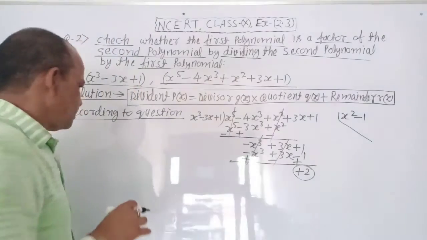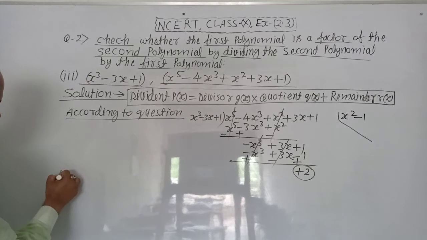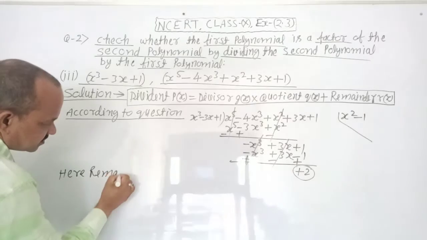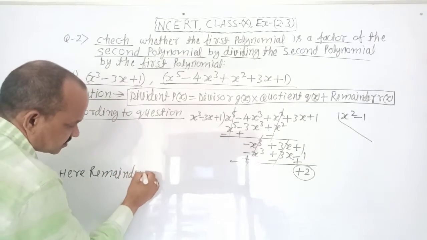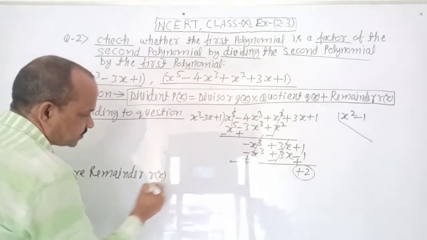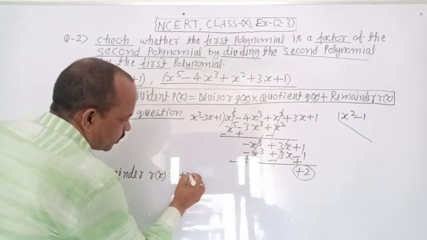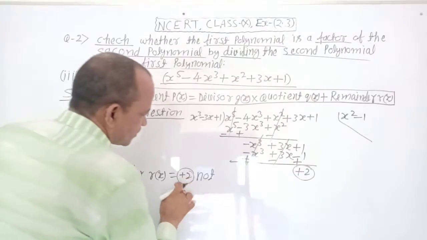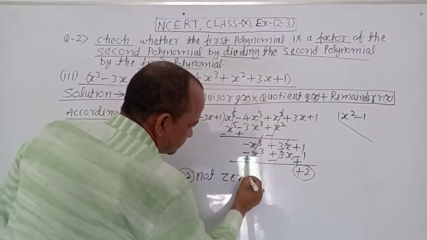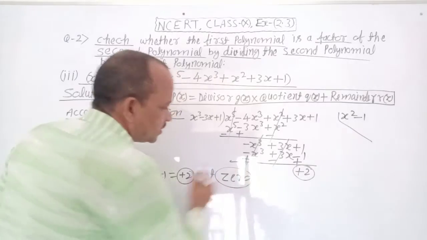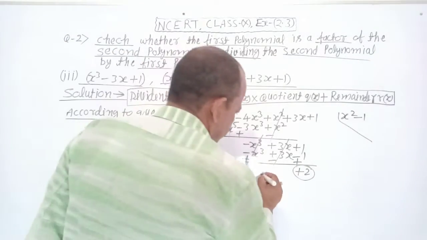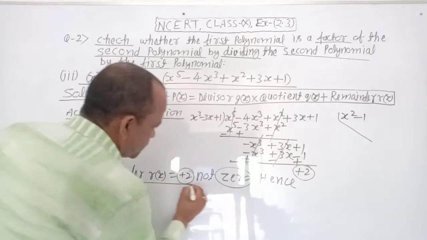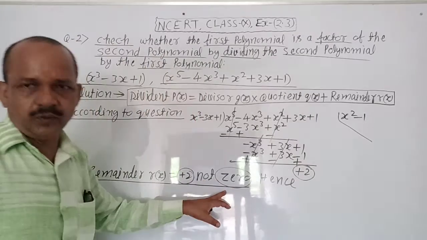Here the remainder r(x) equals plus 2, not 0. Hence the remainder is plus 2, not 0.